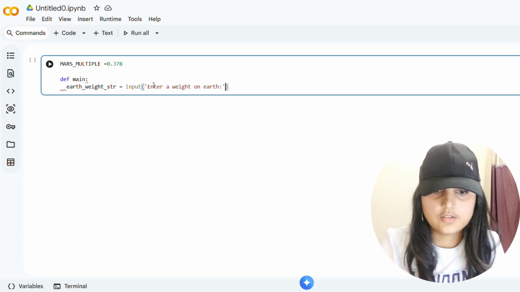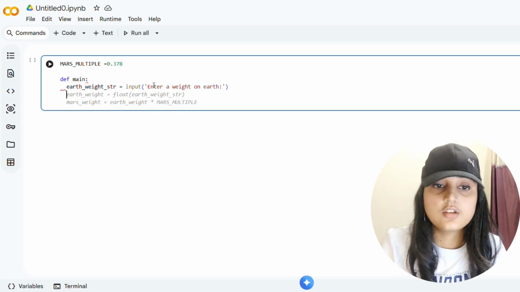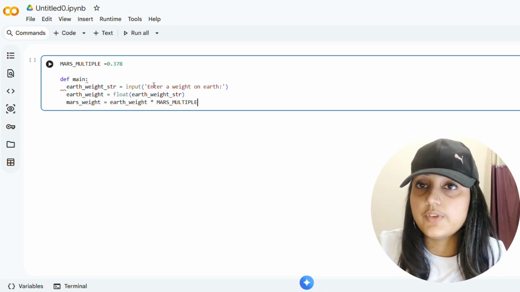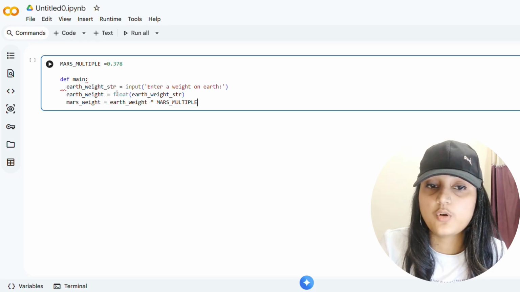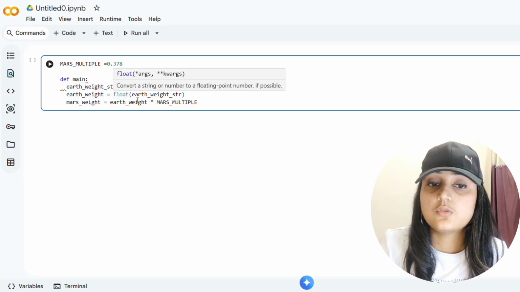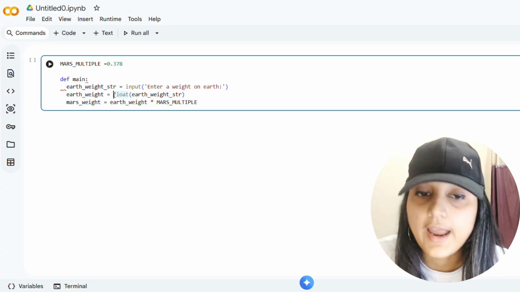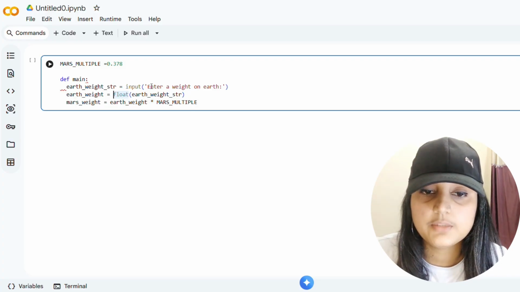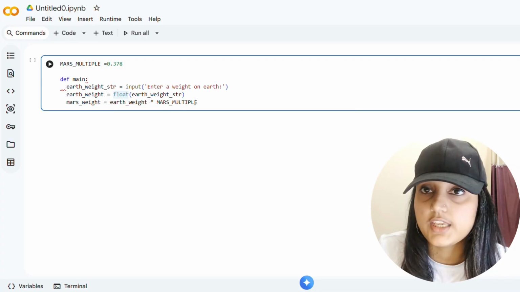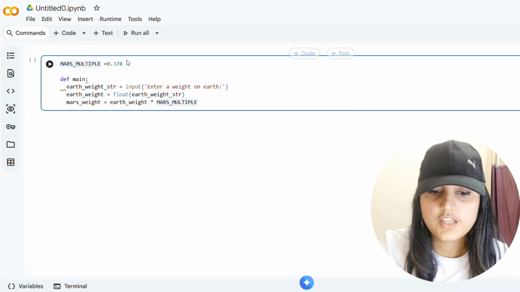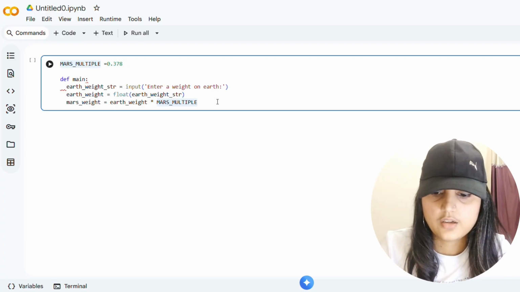Next, I am pressing tab over here as I am already getting the right suggestions. So we are converting the Earth weight to float type with the help of this typecasting operation. So this is how we convert the string input to float type, and next we are multiplying it with the Mars multiple, that was our 0.378, and then we would be printing this.